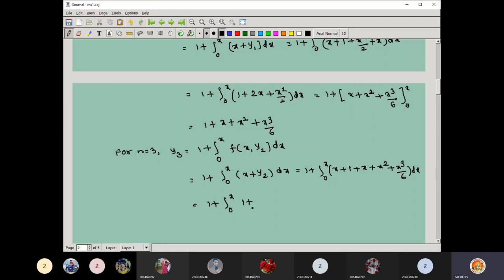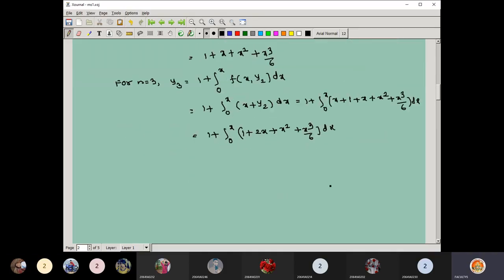So it becomes 1 plus x plus x, which is nothing but 2x, and here it is x square and x cube by 6, all of dx. Now you do the integration with respect to x. So after taking the integration only, you are substituting the limits.